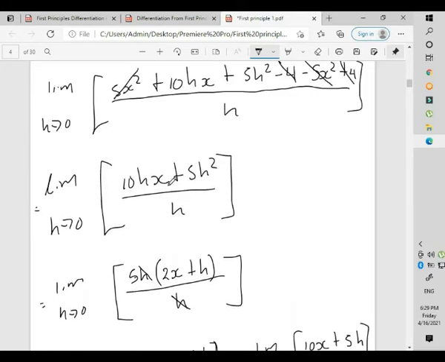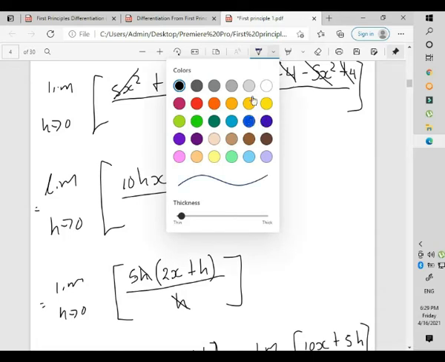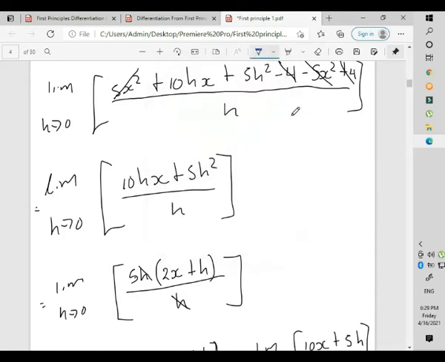Now, this is what you would normally see persons do at this step. Let me use a different color. Some persons would look here and say, okay, h is common. I know my answer needs to be 10x, so I'm going to put 10x plus 5h being divided by h.